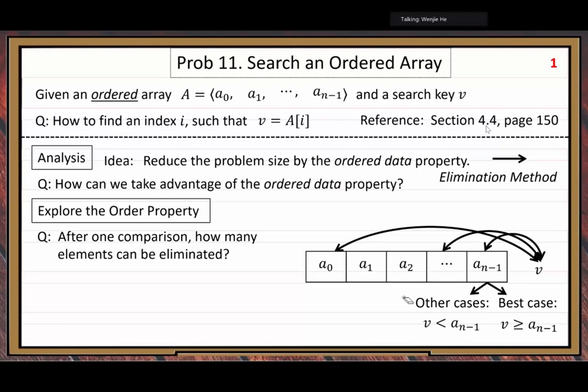You eliminate the fewest possible number of elements from the array. That's pretty obvious in this experiment.